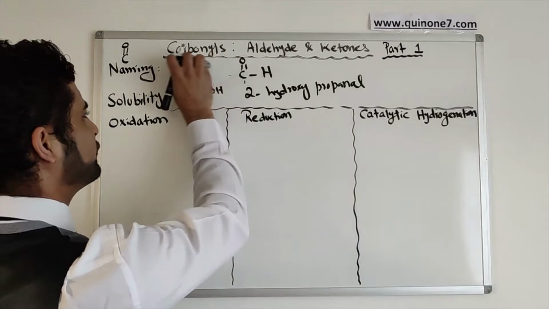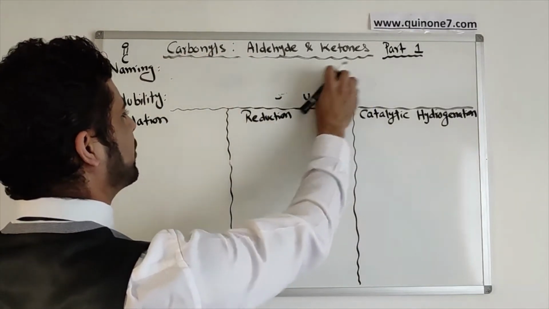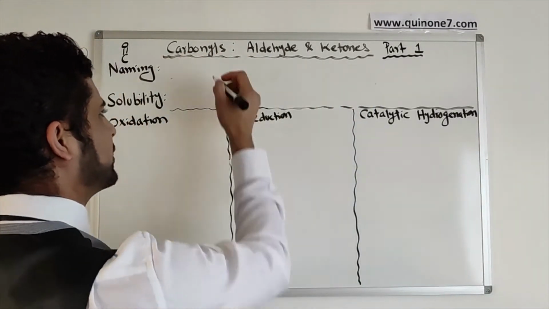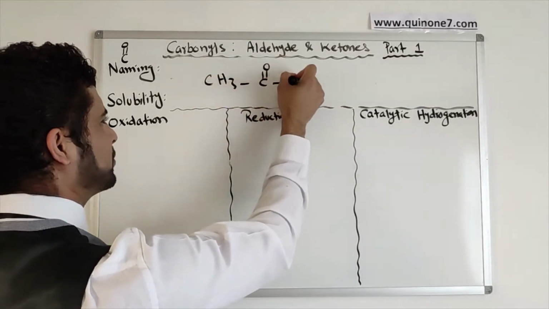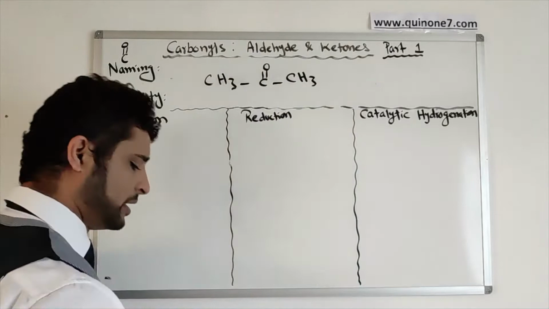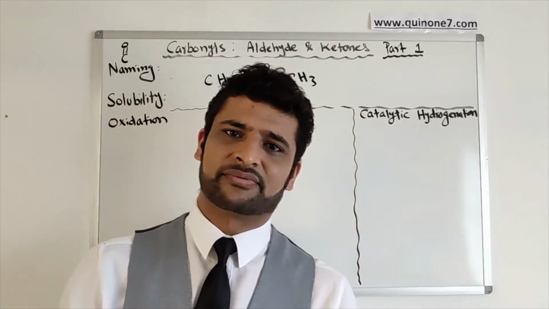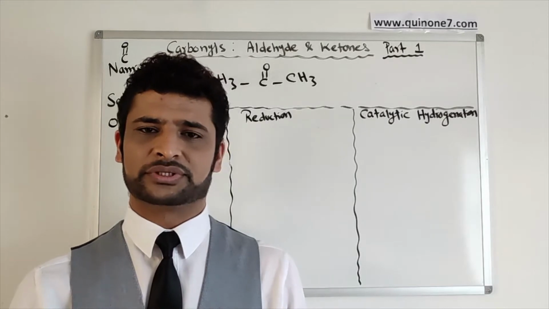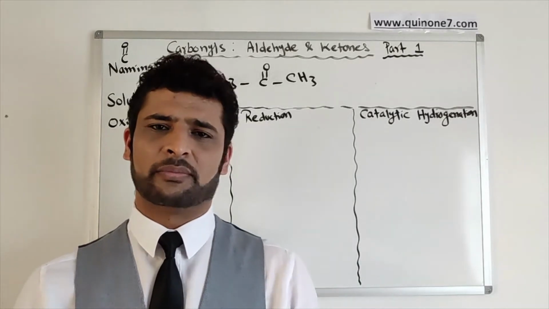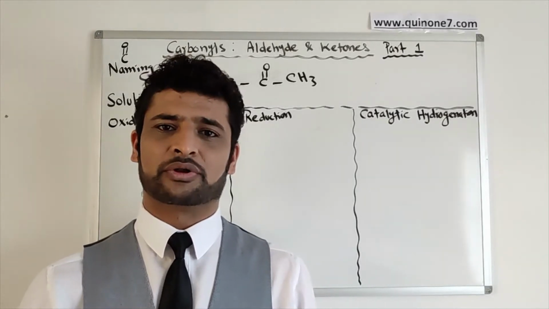If I remove this and I give you an example of another carbonyl, which is CH3 C=O CH3. This carbonyl has the carbonyl group between the two alkyl groups. So whenever you see a carbonyl between two carbon atoms or between two alkyl groups, they are known as ketones.